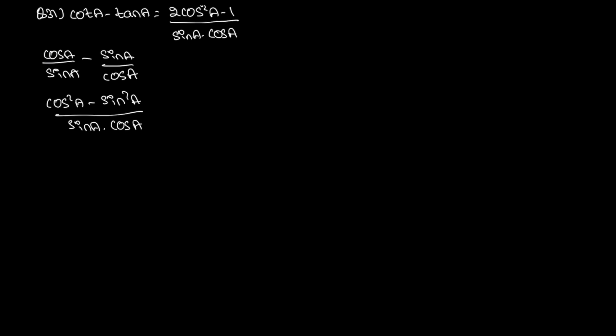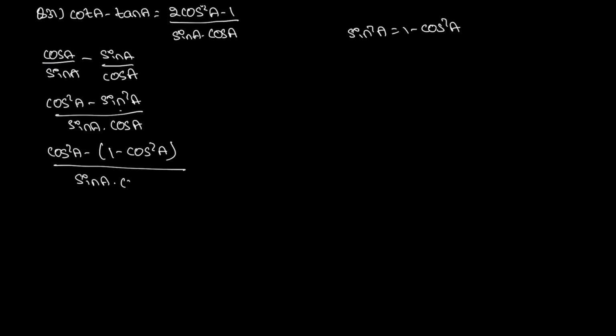If we observe here, we need to get our answer in terms of cos square in the numerator. From our identities, we can write our sine square A as 1 minus cos square A. Let's replace our sine square with 1 minus cos square. We'll get it as cos square minus of 1 minus cos square A, and the denominator remains the same, which is sin A into cos A. Now let's multiply this negative term to the terms inside the bracket.